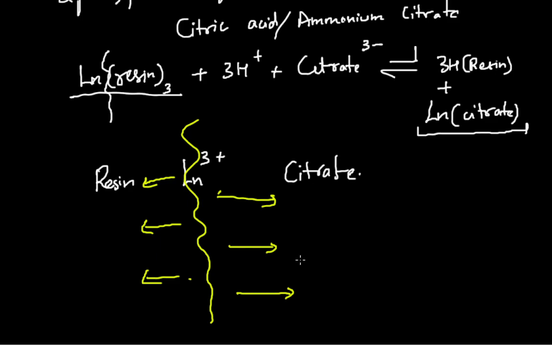The smaller lanthanide ions, such as Lu3+, form stronger complexes.